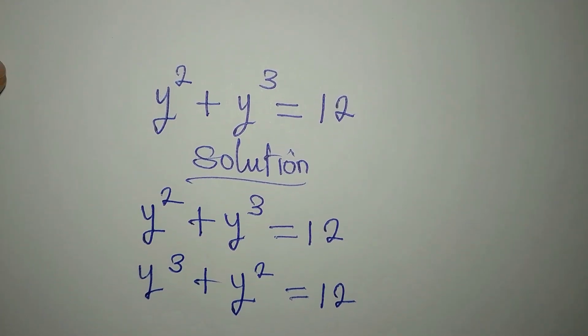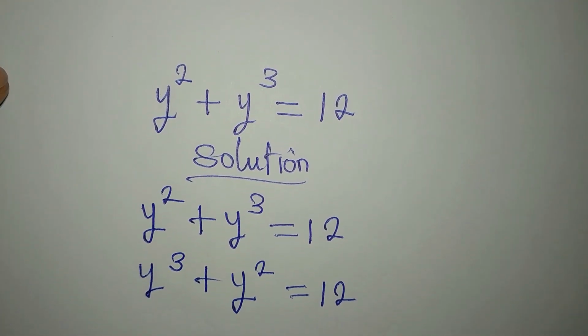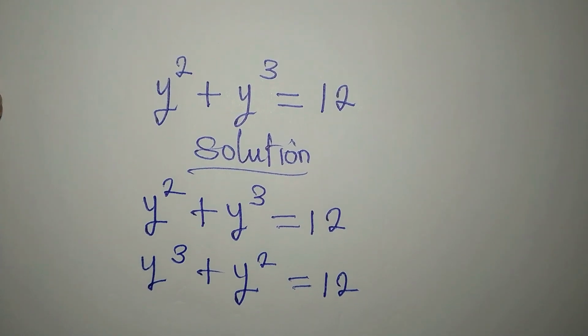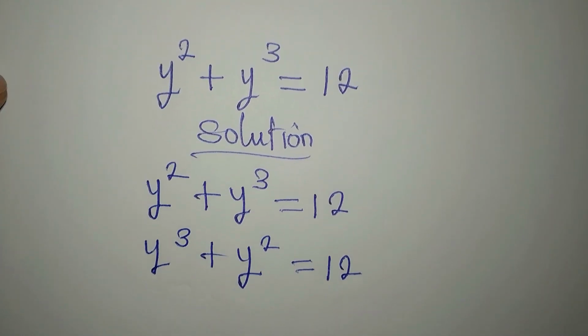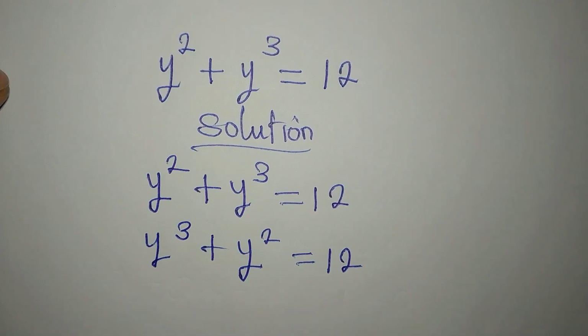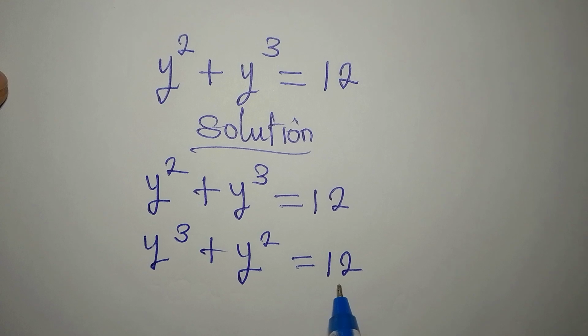And I already see something on my mind. From the look of things, you can tell that the real solution to this problem is 2, because if we put 2 here, it gives you 12. But we want to get more solutions, so we cannot conclude at y equals 2.